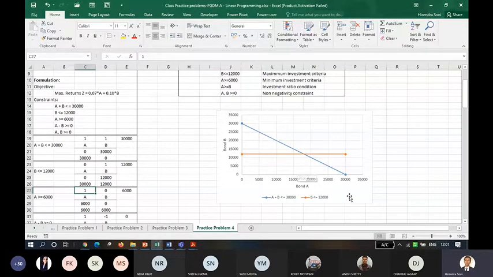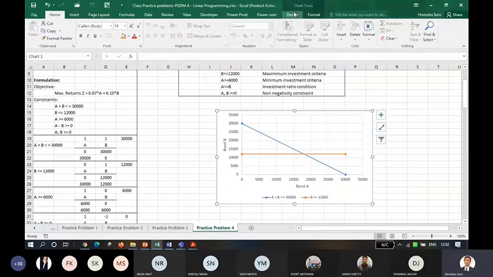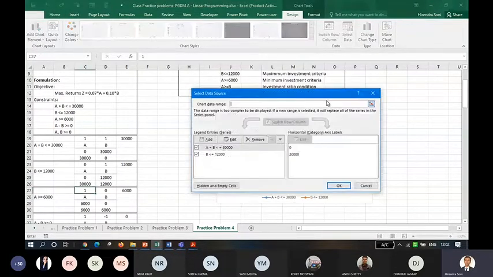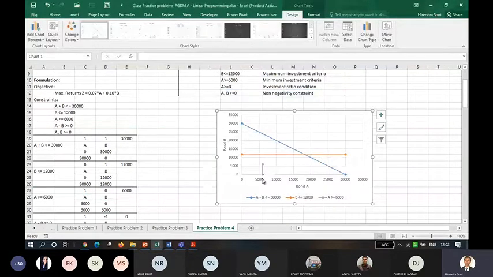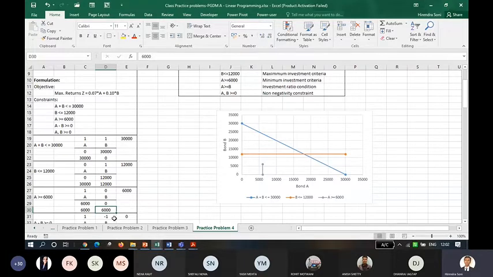So when I say A greater than or equal to 6,000, I will have to add that also. This is still coming up short, so you will have to extend it so that it goes up, right. So for A greater than or equal to 6,000, I'll have to change this. How far should we take it? Let's make it up to 30,000.